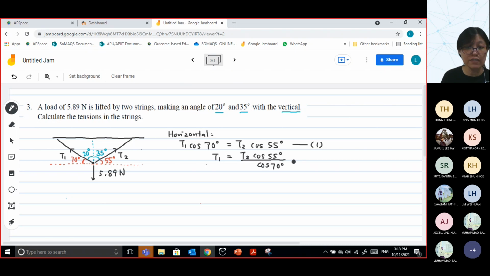So let's take cos 55 divided by cos 70. Make sure your calculator is in degree mode. 1.68, correct? So this is 1.68 T2.